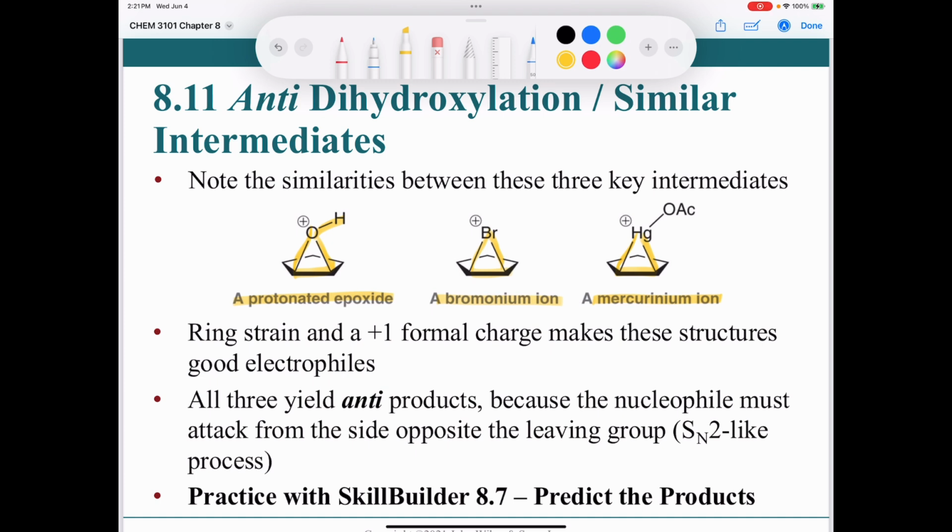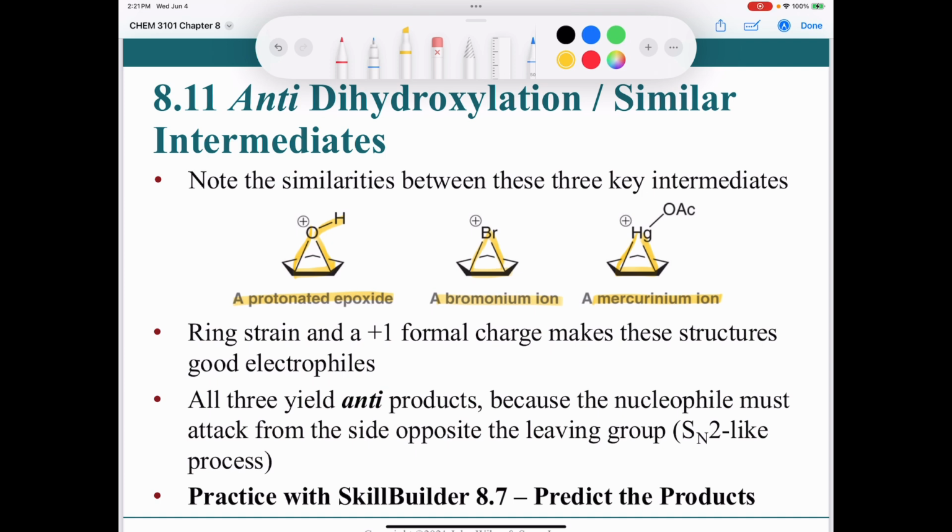Sometimes students and scientists love to look for similarities, and you notice that all these have a strained 3-membered ring with a +1 formal charge, and all 3 of these yield anti-addition products because the nucleophile must attack from the side opposite the leaving group, just like any SN2 process.